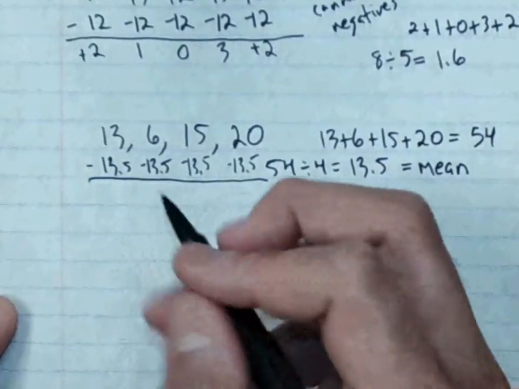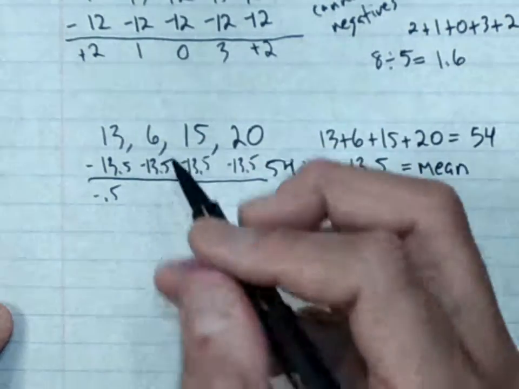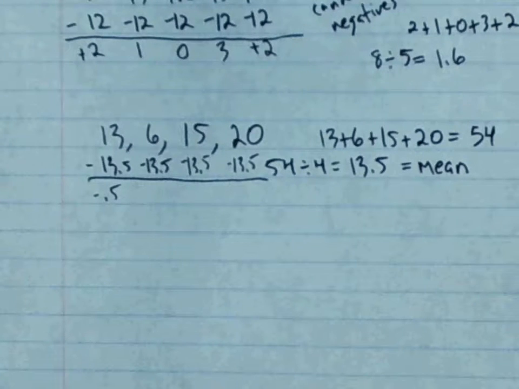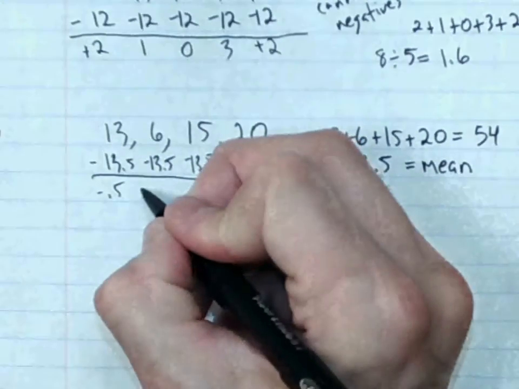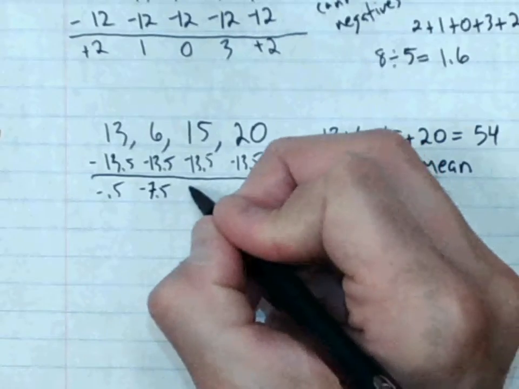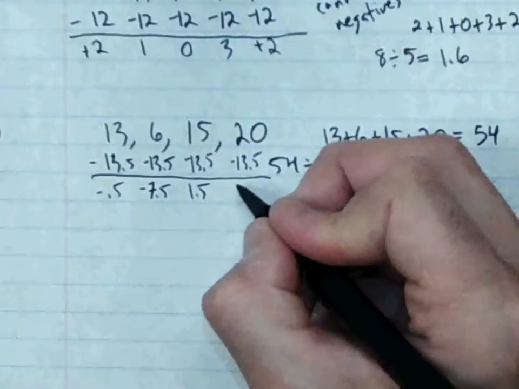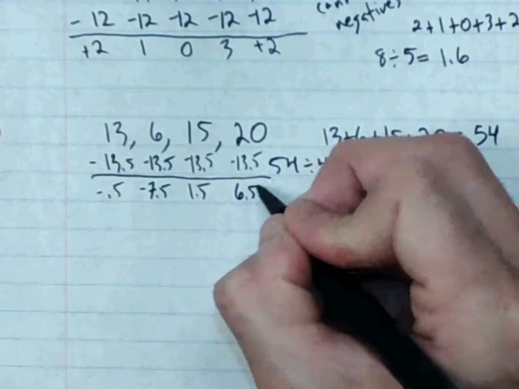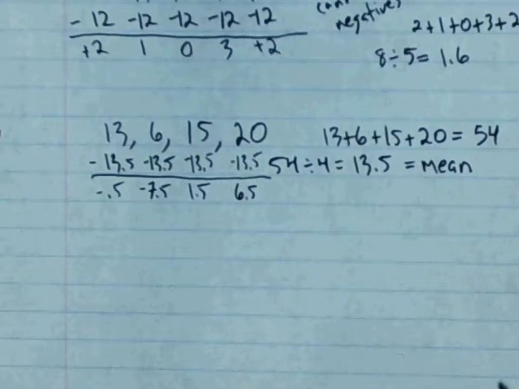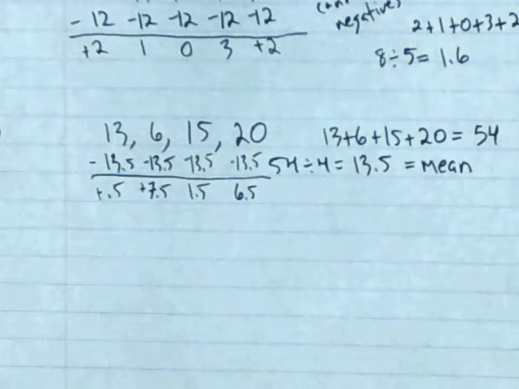So 13 minus 13.5, that's going to be negative 0.5. 6 minus 13.5, that's going to get me negative 7.5. 15 minus 13.5, that's going to give me 1.5. And then 20 minus 13.5, that's going to get me 6.5. Okay? But again, we can't use negatives, so all these negatives, turn them to positives, because we're looking for absolute value.